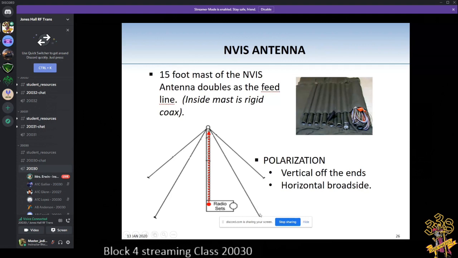That's considered looking at the ends. Okay? And when you're looking at the ends, you're going to have vertical polarization. Okay, so coming off of here, that's going to be more vertical. Now, if you're looking at it from the side, you're going to have more horizontal off the sides. Okay?